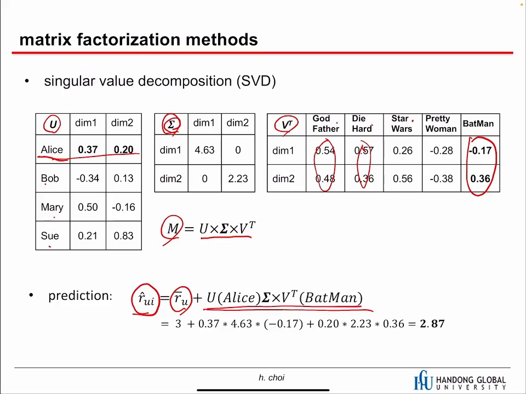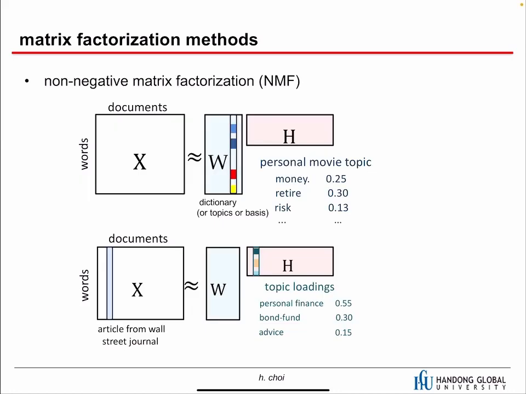After this decomposition, to estimate this rating, we can multiply this vector and the matrix and vector. Then we can get this number. Okay, that means Alice would like Batman this much. And then we can apply a matrix factorization method, like non-negative matrix factorization, or NMF.